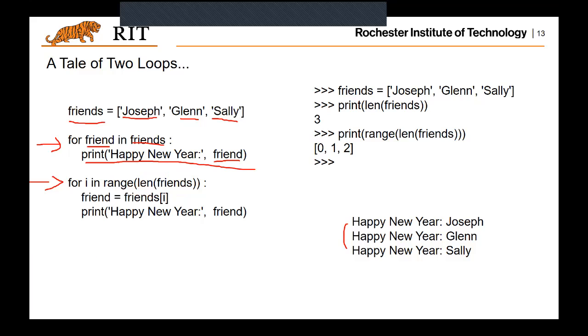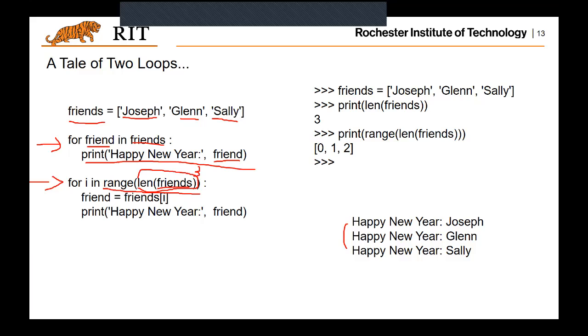So you are using range here, and it takes a parameter which is len of friends. Len will tell you how many elements are in the friends list. In this case, there are 1, 2, 3, so it is 3 here.